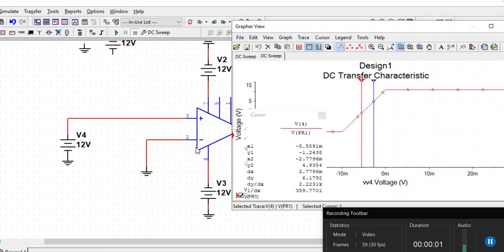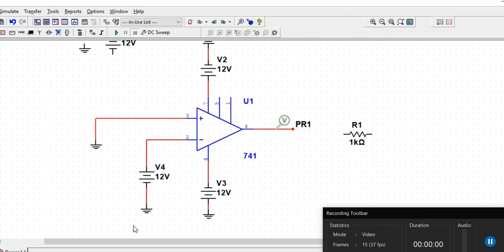And since pin number 2 is called inverting input, that would probably mean that if I do the same thing at pin number 2, I will get a slope which is negative. And that is why pin number 2 will be called inverting. So let's see that. This time I connected the non-inverting input to ground, and I connected the voltage source at the inverting input.